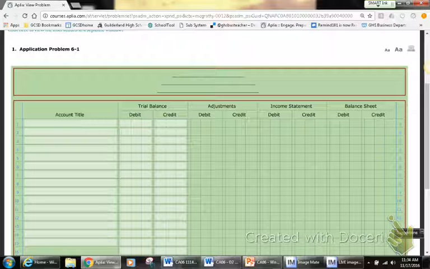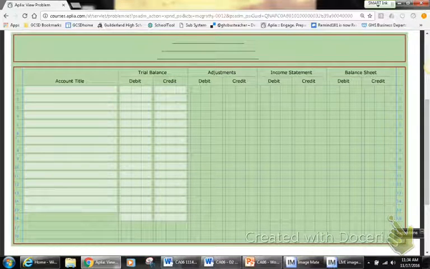What happens next? Who can tell me what happens next? Ryan McGrath, what happens next? You write all the account titles down here on the left-hand side for our business, and then what do we do? Let's see. Mr. Summit Vora, what do we do next? Enter all the debits and credits. Okay, we enter all the debits and the credits. Where are we getting these balances from?